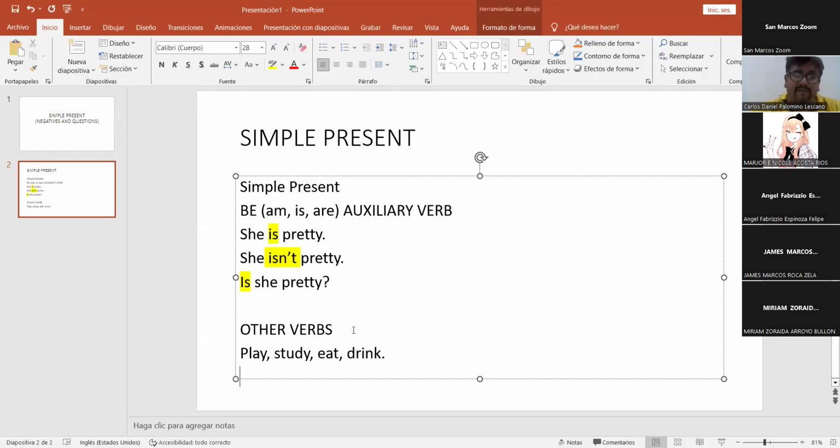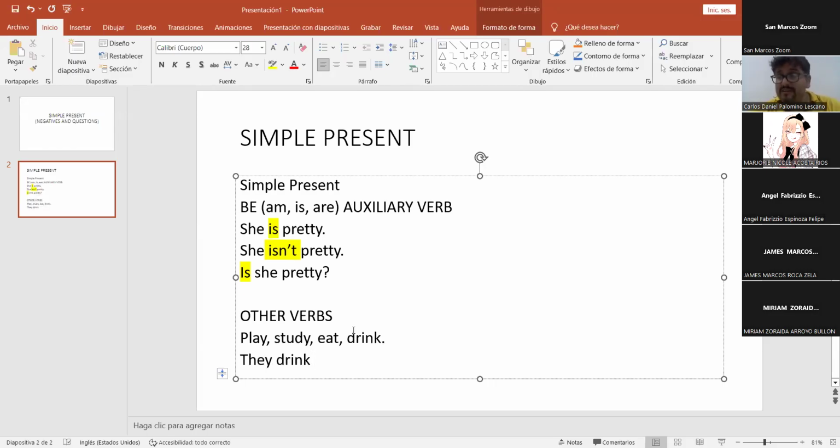They drink tea, for example. They drink tea. Okay. Can we use the same grammar information from the simple present of be to the other verbs? ¿Podemos utilizar la gramática del be para el resto de verbos? No, no.